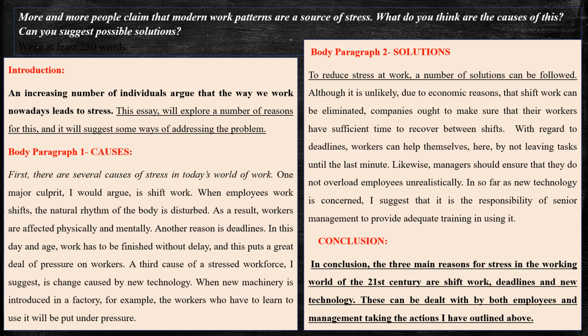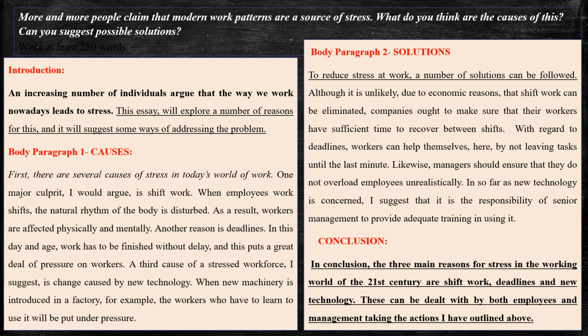Then the thesis statement. This essay will explore a number of reasons for this and it will suggest some ways of addressing the problem. This is your thesis statement. If you observe, it is very similar to the introduction you have written for your discussion essay and advantages and disadvantages essay.